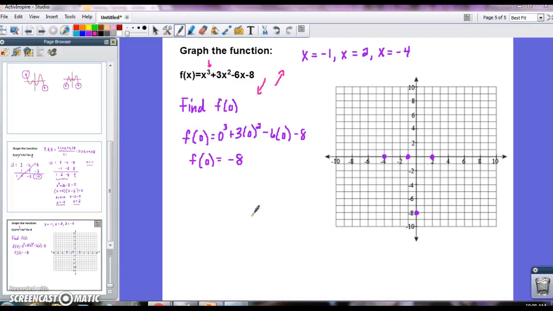Because here's the deal, folks, I can sketch a graph, but I might sketch it wrong in between. Maybe this graph goes way up like this in between, or maybe it just does this. I'm crossing the x-axis in these 3 spots. My end behavior is telling me what's happening on the ends.